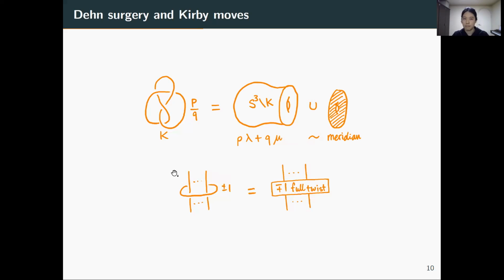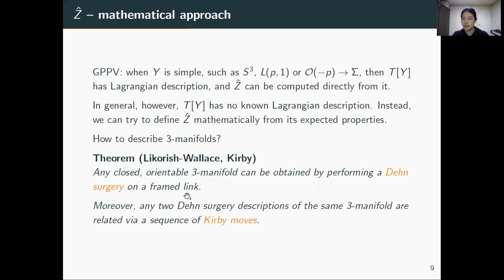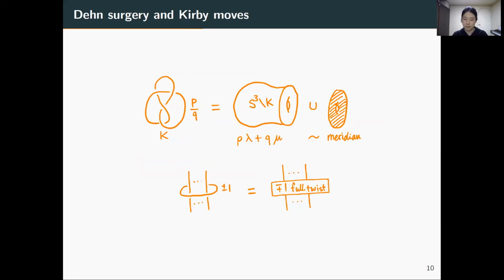And the theorem by Kirby says that whenever we have 2 Dehn surgery descriptions of the same 3-manifold, they can be related by a sequence of such moves. So in other words, 3-manifolds are the same thing as framed links, or just those links labeled by these numbers, modulo Kirby moves.